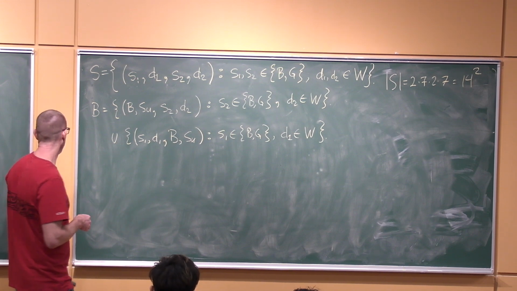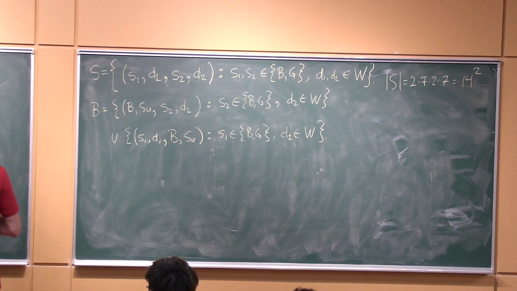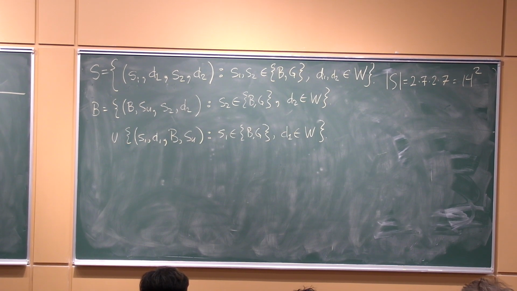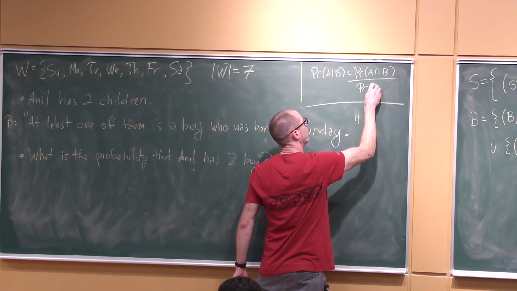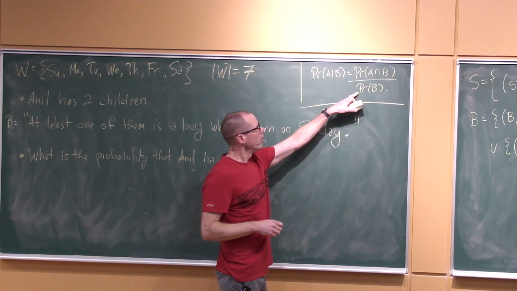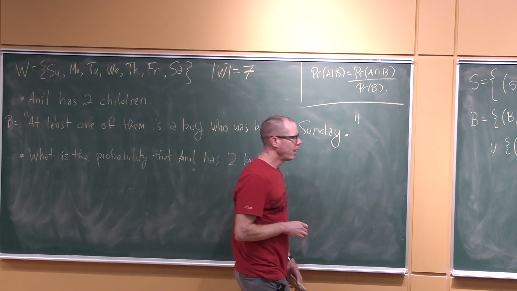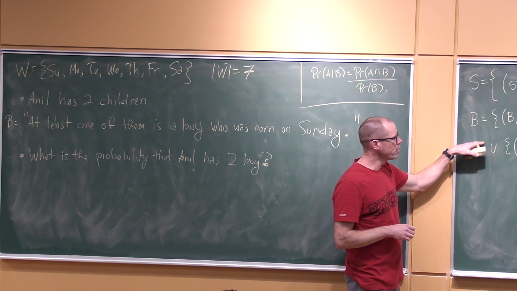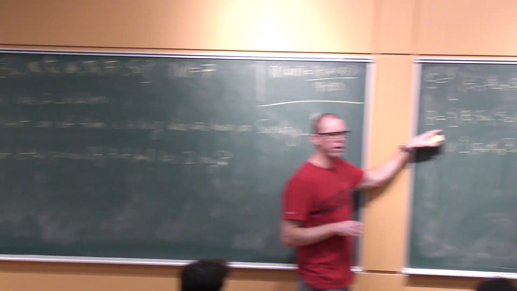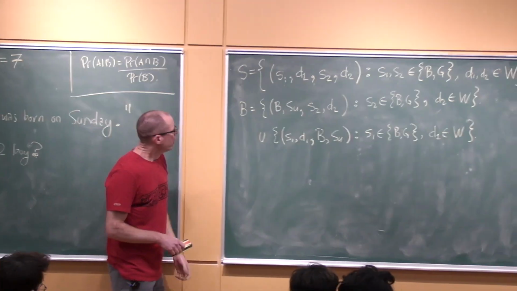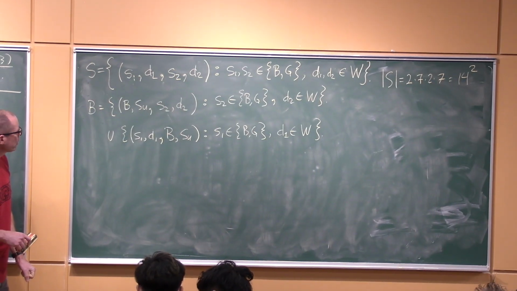So ultimately we're going to be using the formula for conditional probability, which of course I erased. On the bottom here is the probability of B. And for us, that means we need to figure out the size of B. So how big is this set? Well, it's the union of two things.